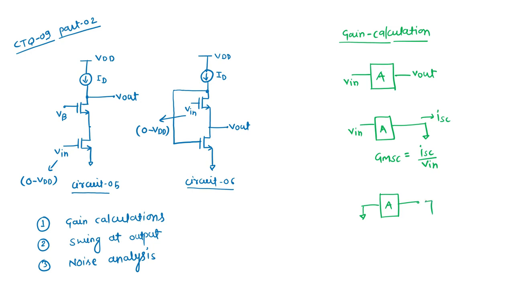Then the overall gain is GM short circuit times R out. These are the fundamental steps we should always follow to calculate the gain for any particular block.